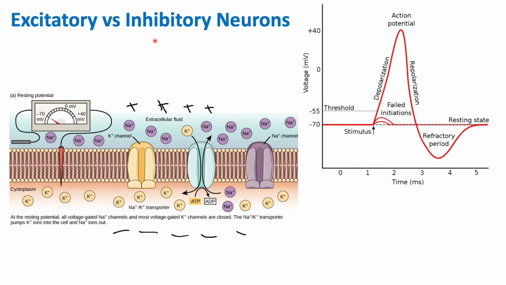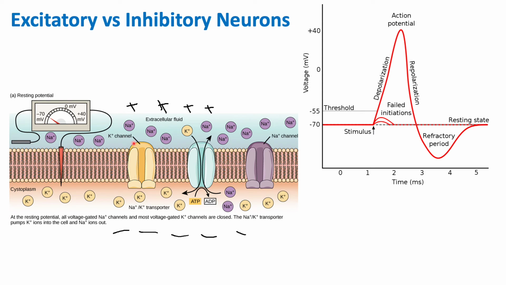But how would we see an inhibitory effect? An inhibitory effect is essentially making the neuron hyperpolarized. Remember that the hyperpolarized event is defined over here. How do we become hyperpolarized? Now, if we remember back to how an action potential occurs, we can recall that during repolarization, we see the potassiums moving out.